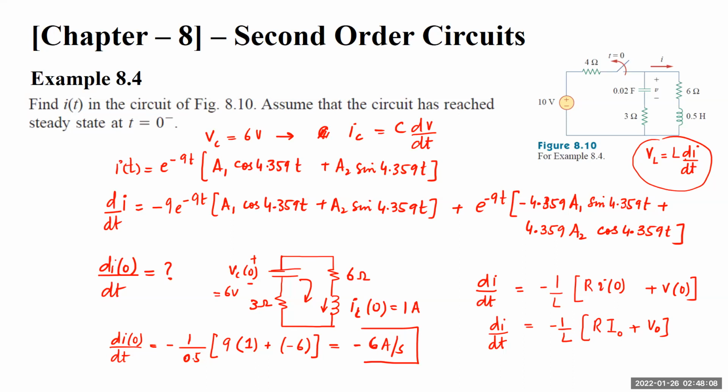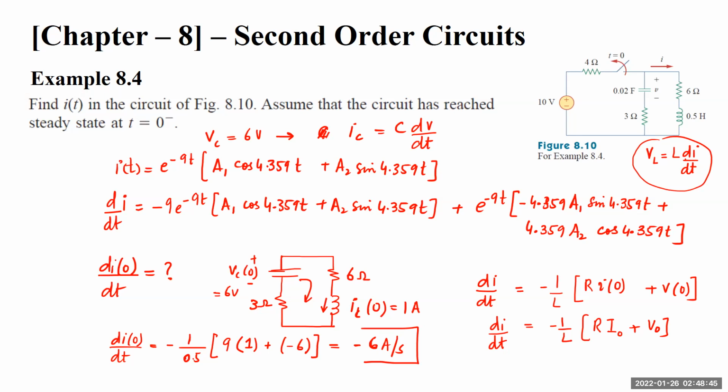In other ways, you can also see that if this inductor is acting as a short circuit, all the capacitor voltage will be appearing across this inductor, equal to 6 volts. And since the inductance value is 0.5 Henry, 6 volts divided by 0.5 would be 12 volts per second, and that gives you a rough estimate, but that is not the case.